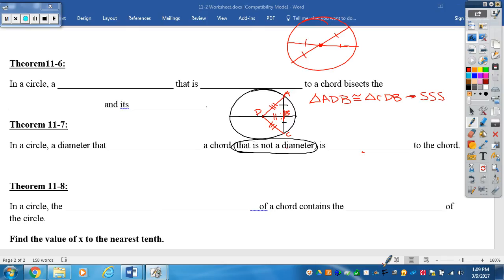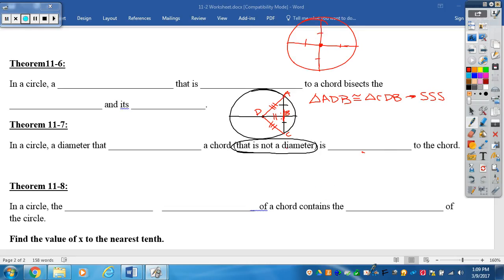Okay, so basically, if this read in a circle a diameter that bisects the chord is then perpendicular to the chord, well, obviously this is a chord, so is this one. They're bisecting each other, but I can tell you right now that angle is not 90 degrees. Okay, there's only one special situation that a diameter is going to be perpendicular to this diameter, and that's if it's completely straight up and down.